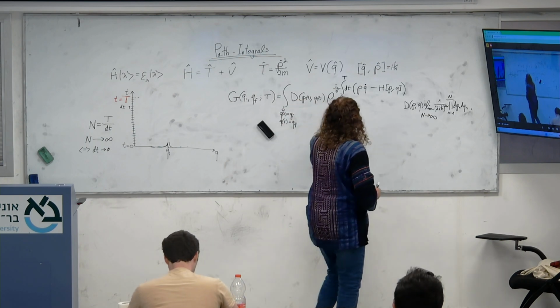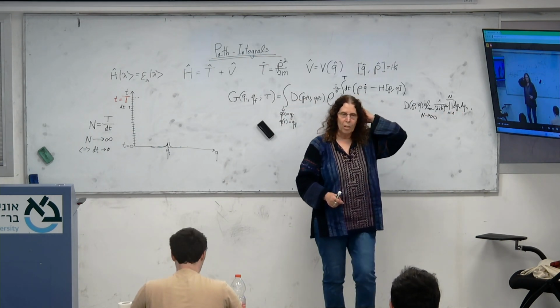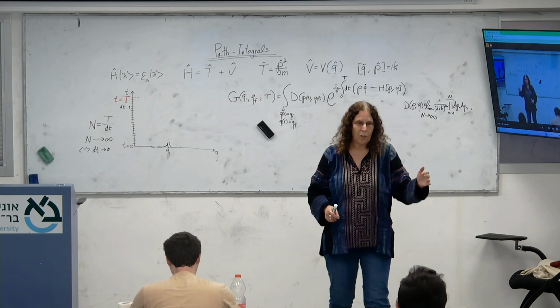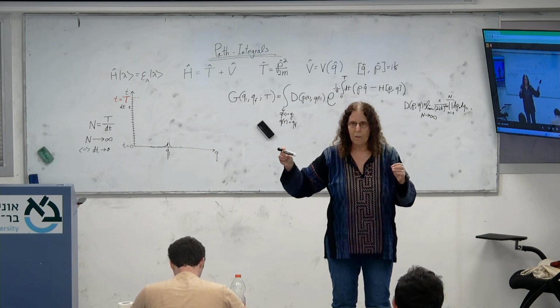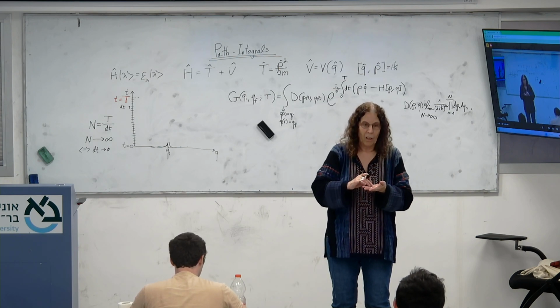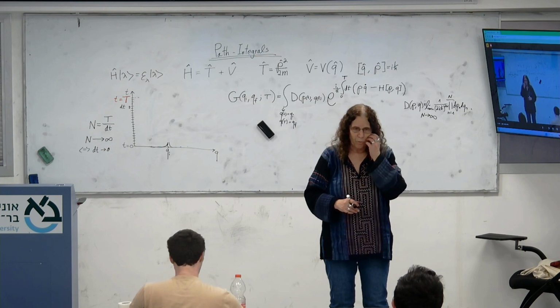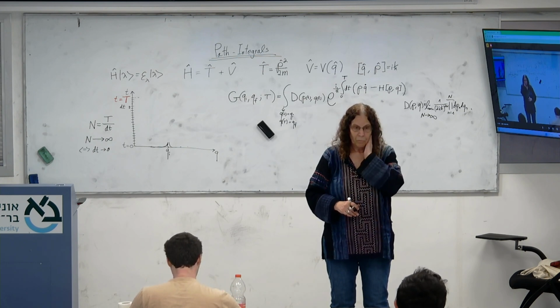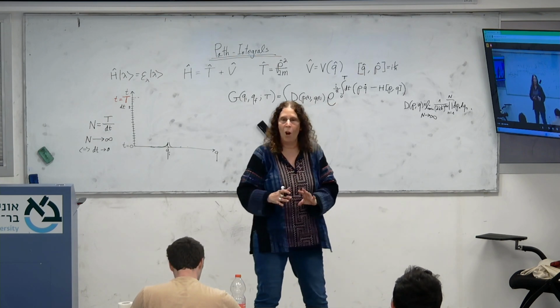By definition, these are numbers. They are just values of q and p at some time steps. And then when we take the limit that dt goes to 0, these variables are changing smoothly as a function of time. But there are numbers all along.